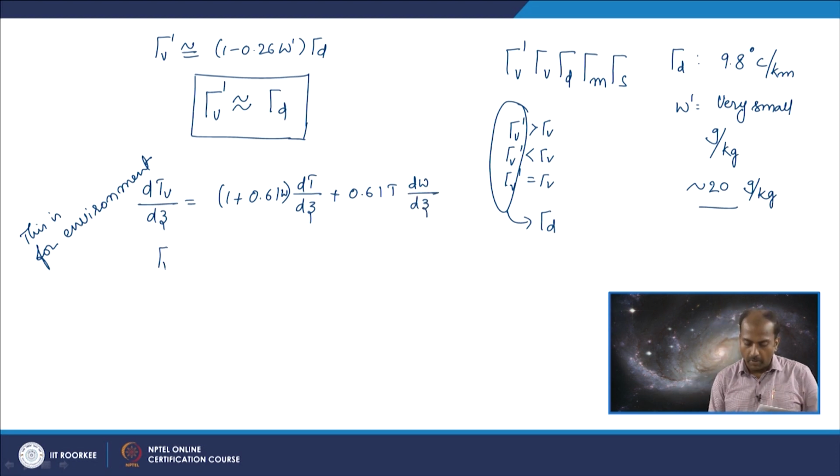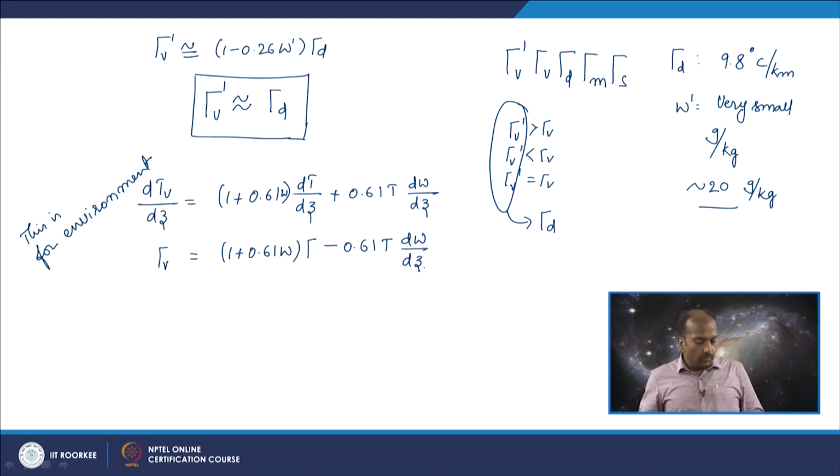So, this is gamma v. The virtual lapse rate of the environment is equal to 1 plus 0.61 W times gamma, which is just the rate at which temperature changes with respect to height, minus 0.61 T dW by dz.